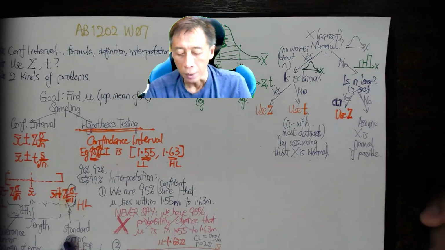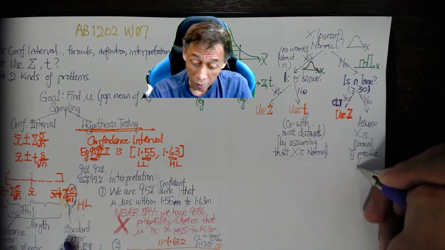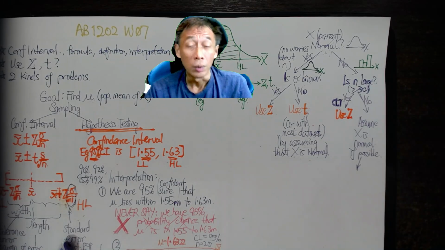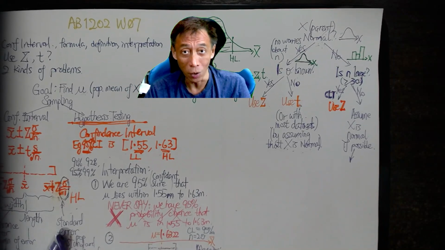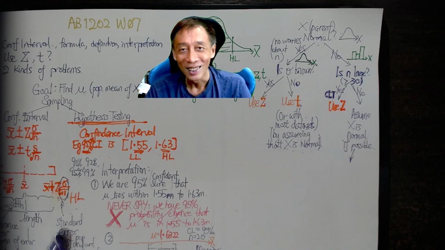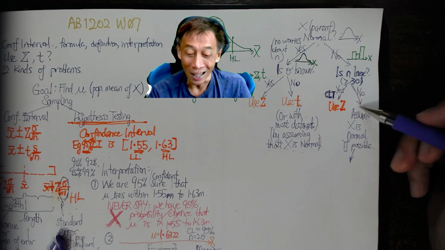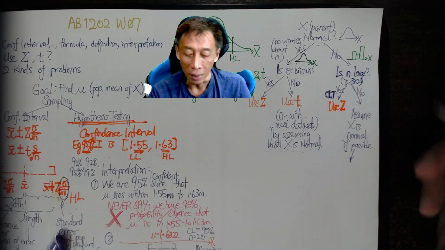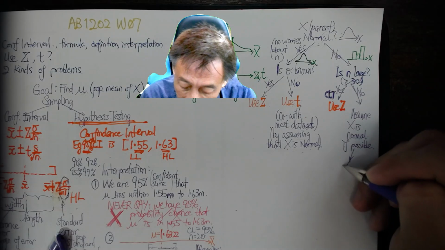That just means the question did not specifically say that X is not normal, so we can still exploit that ambiguity and say, okay, assuming X is normal, and N is small. Then we see if sigma is known or not known, and then we come back here.